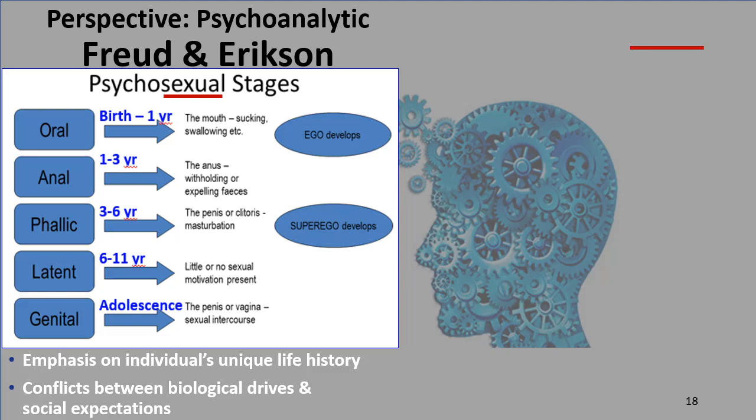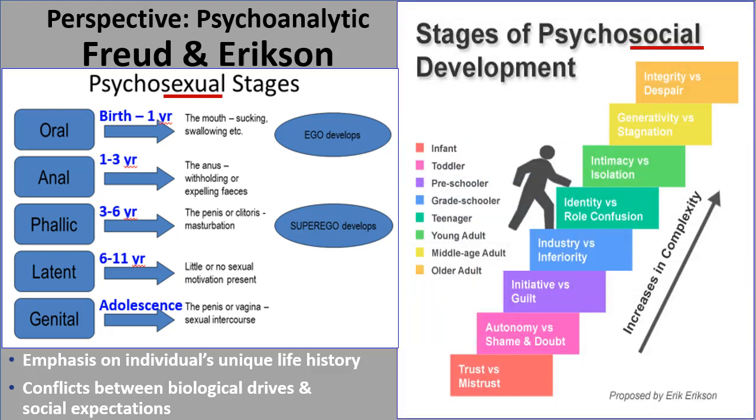So when you look at the psychoanalytic or psychodynamic theories, Freud came up with 5 psychosexual stages. Notice Freud is always about sex and fear and anger. But he stopped at adolescence. He felt that people didn't grow after that.